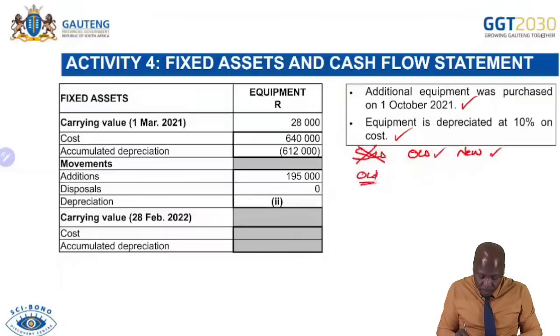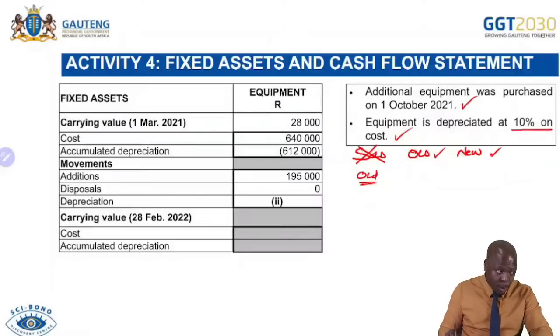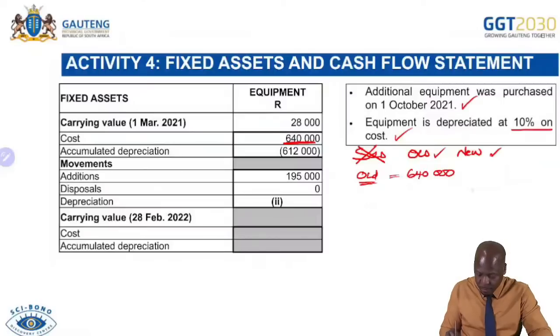The old is given. It says equipment is depreciated at 10% per annum on cost. So my old is given here, and it's 640,000. I'm told that my depreciation is at 10%, so I multiply by 10 over 100 times 12 over 12.